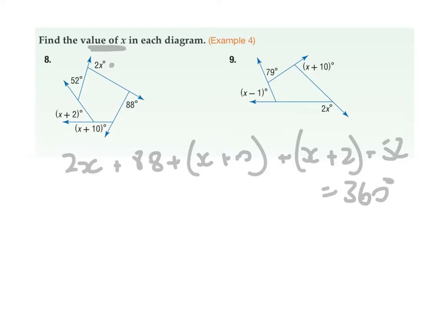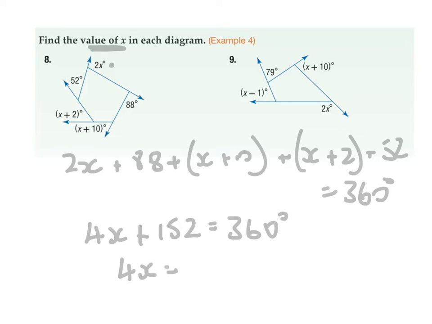Collect your like terms together, so you will finish up with 4x plus 152 equals 360. Basic algebra takes over now, so subtract the 152, so 4x is going to equal 208 degrees, and divide through by 4, so x is going to equal 52 degrees.